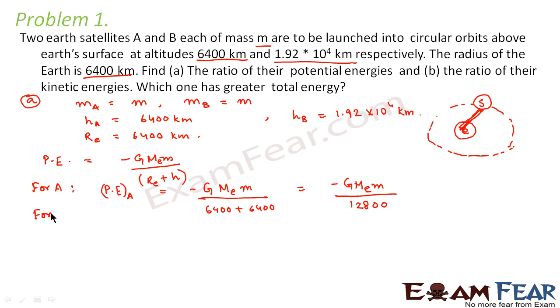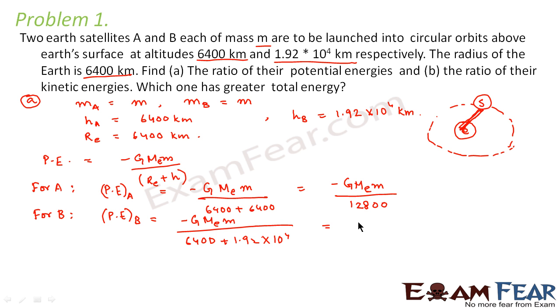Now we will calculate the potential energy for B. That would be potential energy for B is equal to minus G ME into m divided by RE, which is again 6400, plus 1.92 × 10^4.